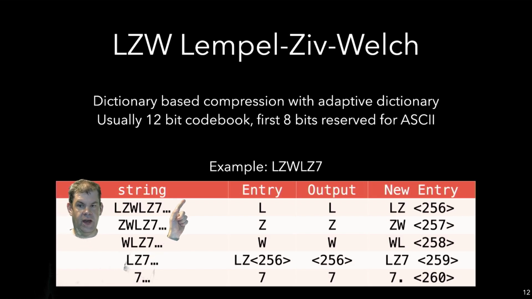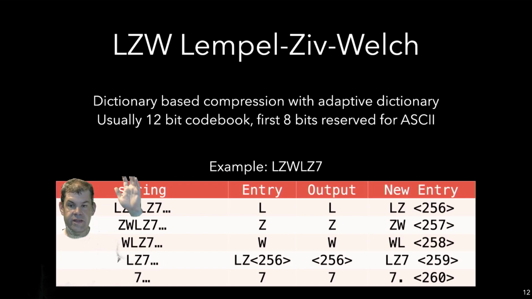So we output the ASCII code for L with 12 bits, so there's going to be 4 bits wasted. We output the Z, again ASCII code, with 4 bits wasted. The code for W, 4 bits wasted. And now 256, which stands for LZ. And then finally a 7, which we've seen before, so we simply output the ASCII code for the 7, again encoded in 12 bits.